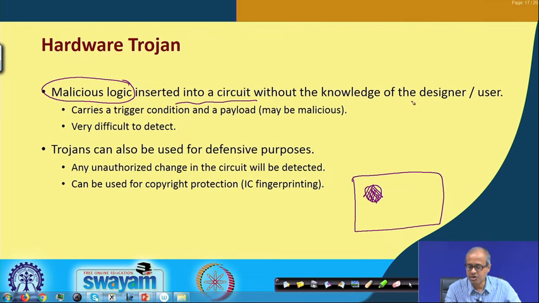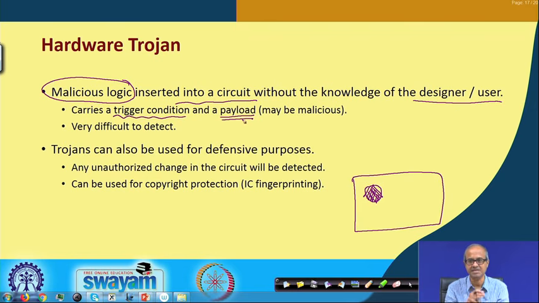Well, without the knowledge of the designer or the user, let us say that as a user I do not know that this has happened, but someone has put some additional circuits inside my design. Now, when I am using my system, it may happen that there can be some triggering condition when this hardware Trojan can wake up, this hidden circuitry can wake up and some payload, some action, will be initiated, which will be a malicious action.